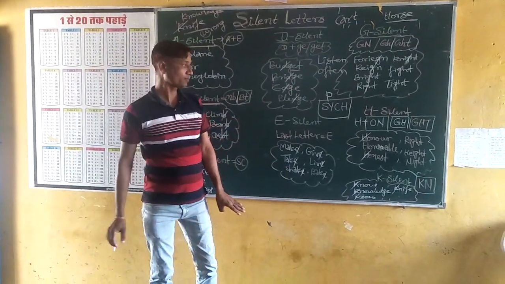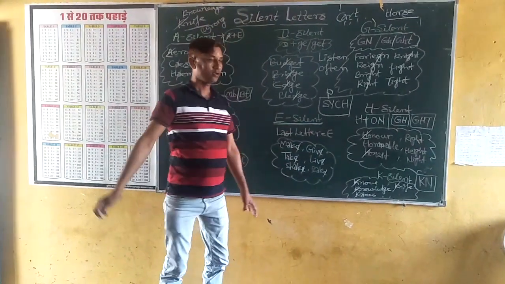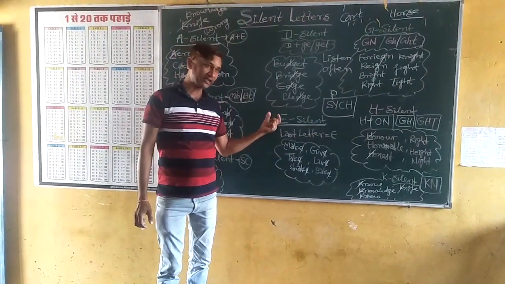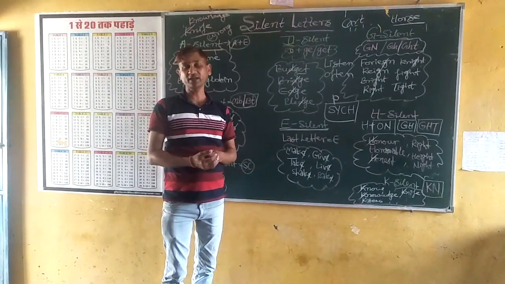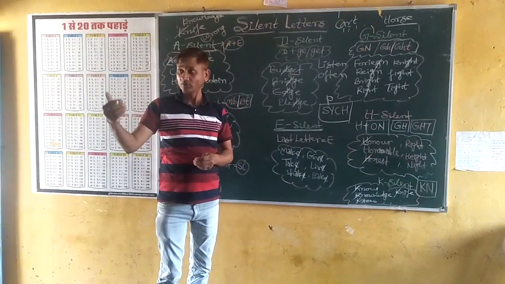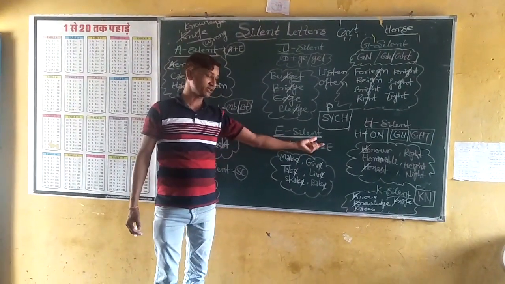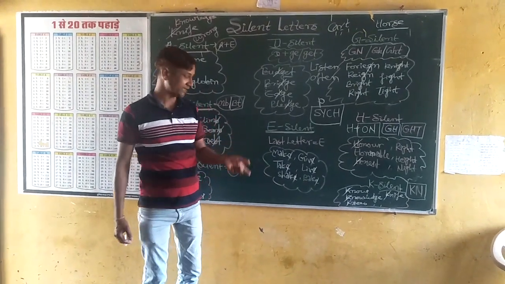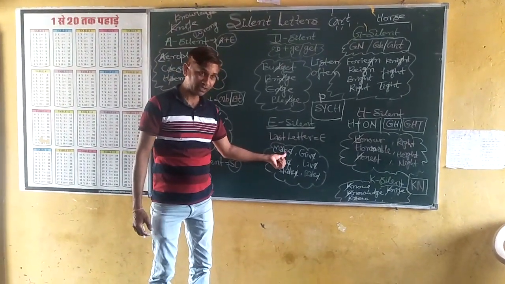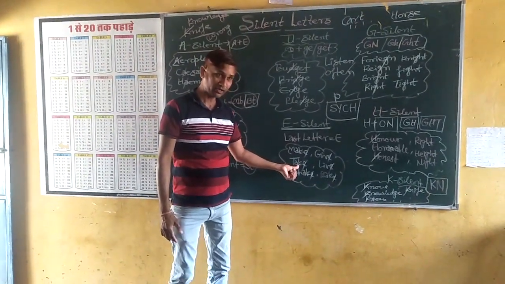Next silent letter is E. When you find letter E at the end of the word, you may say when the last letter of the word is E, E will always be silent. As in MAKE, make. TAKE, take.